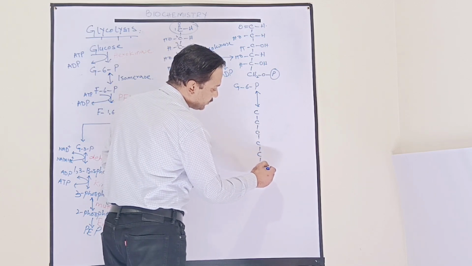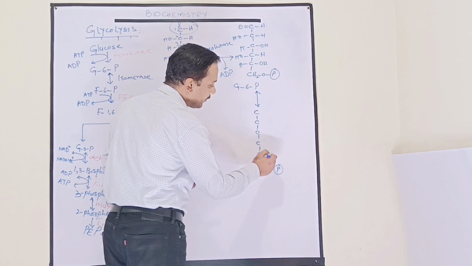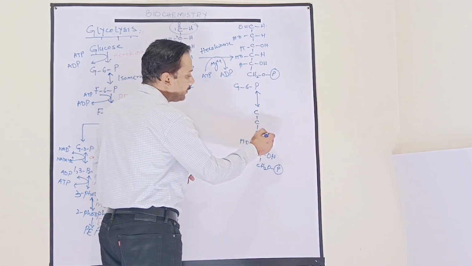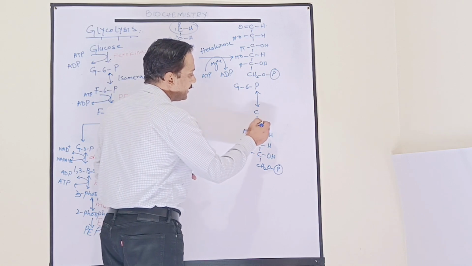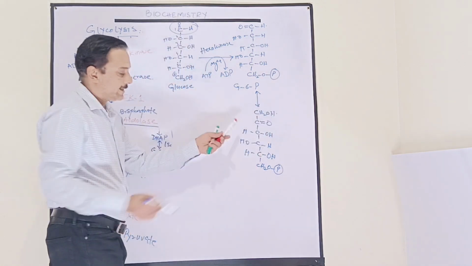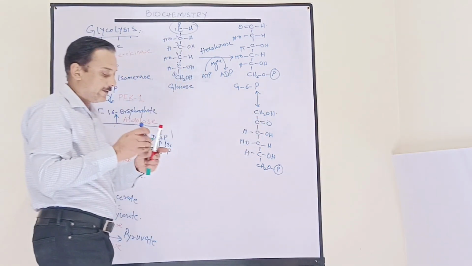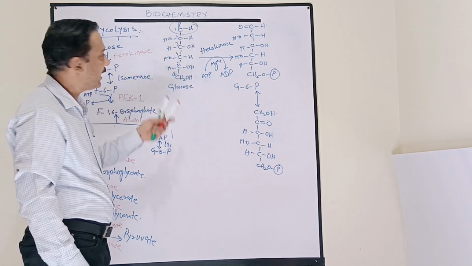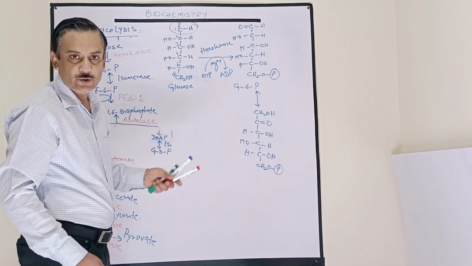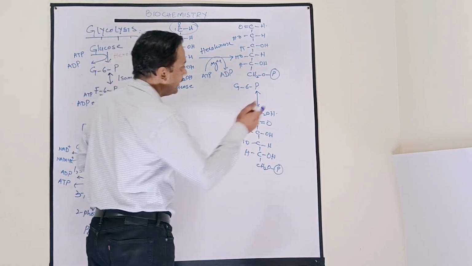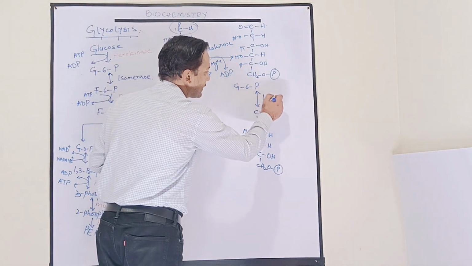We have CH2OP, OH, H, H, OH, OH, H, double bond O, CH2OH. This is the keto group. The difference between glucose and fructose is that glucose is an aldose sugar having an aldehyde group, and fructose is a keto sugar. Both have the same empirical formula, they are isomers of each other. So the enzyme responsible here is isomerase.